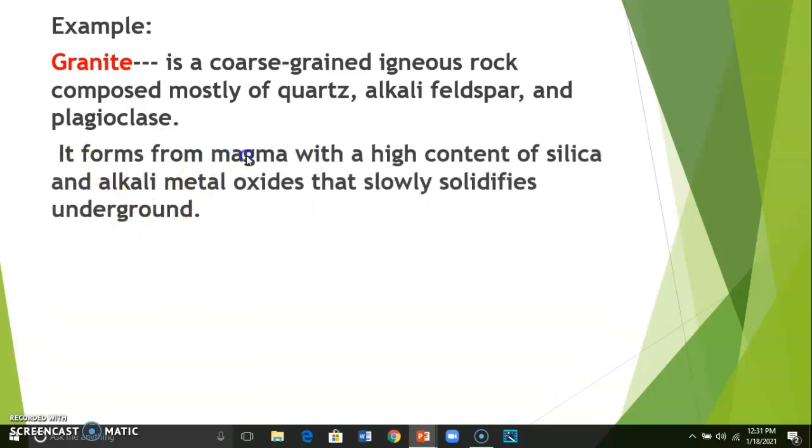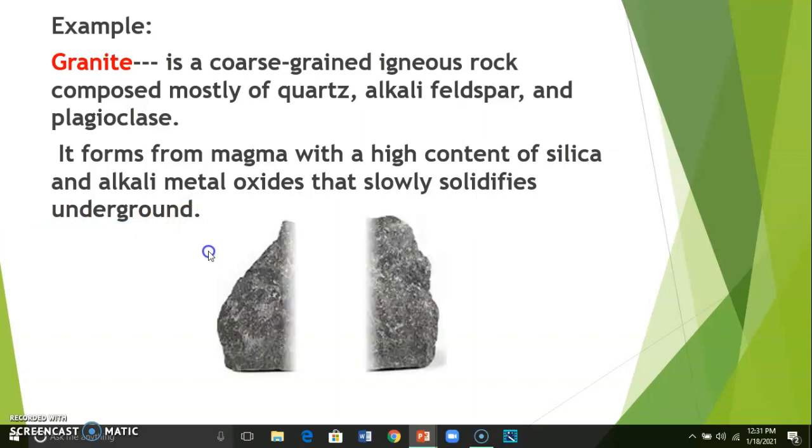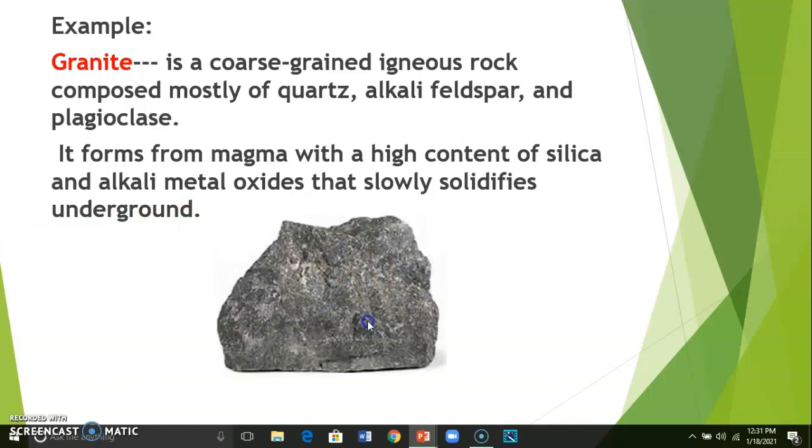It forms from magma with a high content of silica and alkali metal oxides that slowly solidifies underground. So this is the granite. You can see this one. If you can see this at home, you can send me a picture of a granite.